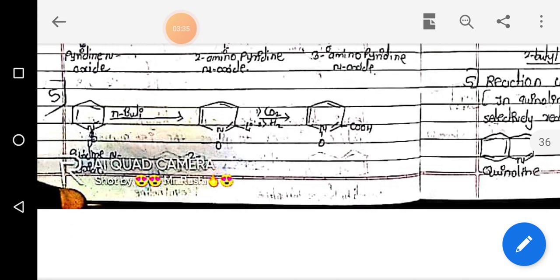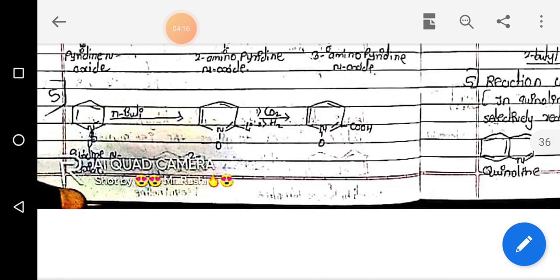For that we use the reagent n-butyllithium, a very strong base, to abstract the proton from the second position, forming a carbanion, and then the metal lithium attaches and forms the lithium salt of the pyridine N-oxide. On reaction with CO2 followed by acid, it gives the carboxylic acid as the product. So this is the part we covered in the earlier lecture.